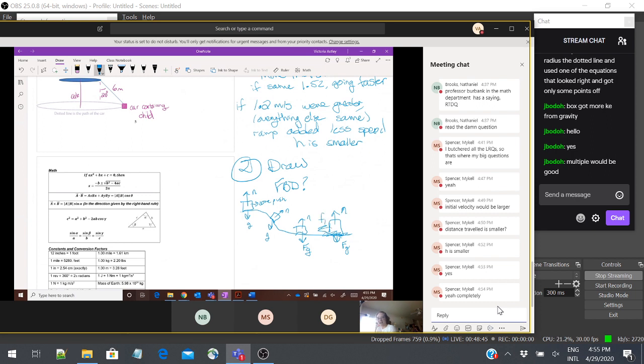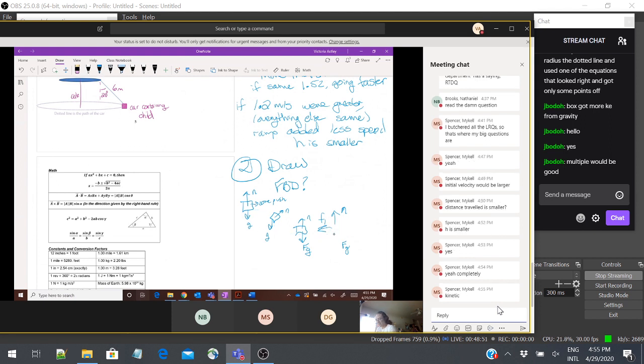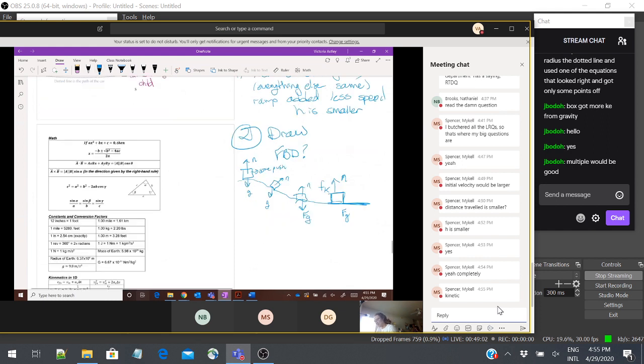What kind of friction do we have? This is a really terrible drawing. Oops, I deleted my hill. Kinetic, yes.